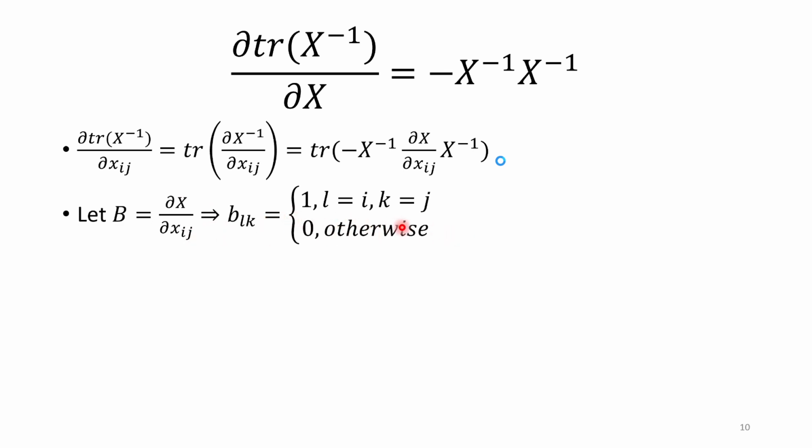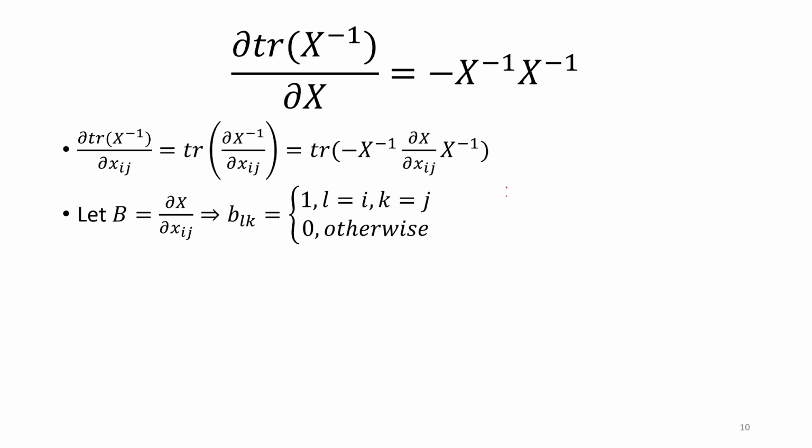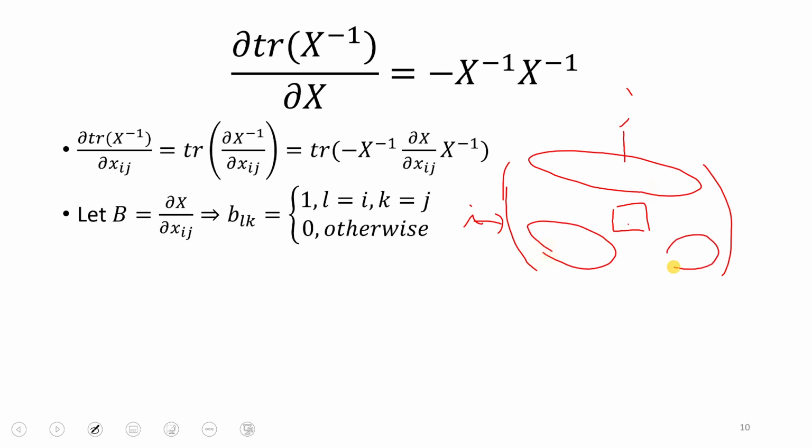So this B matrix looks like this: the ith row and jth column is 1, because it's the partial derivative of the element with respect to xij. The rest has nothing to do with xij, so they are all zeros. So only the ith row, jth column entry is 1, and the rest are all zeros. That's B.